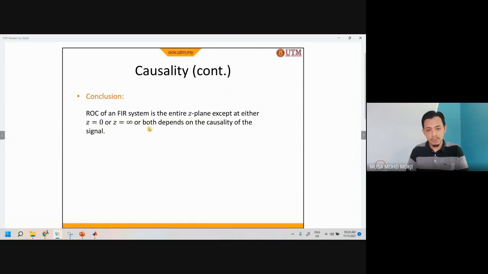The rest, we are very, very safe. Except 0 and infinity, everywhere you will have a value which is not infinity.